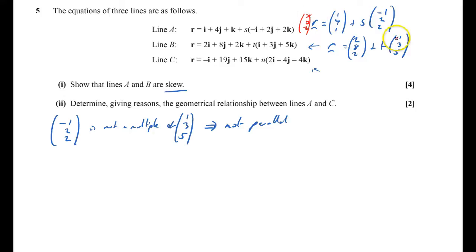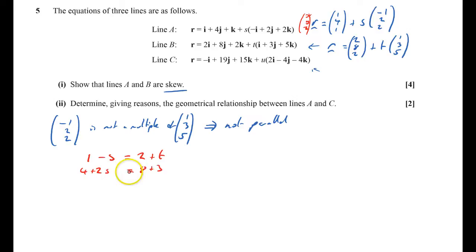So if they intersect, then from the top one, 1 minus s must equal, from the bottom one, t plus 2. That's the x coordinates. And then I also need to work out the y bit, which is 4 plus 2s. 4 plus 2s has got to be the same as 8 plus 3t.